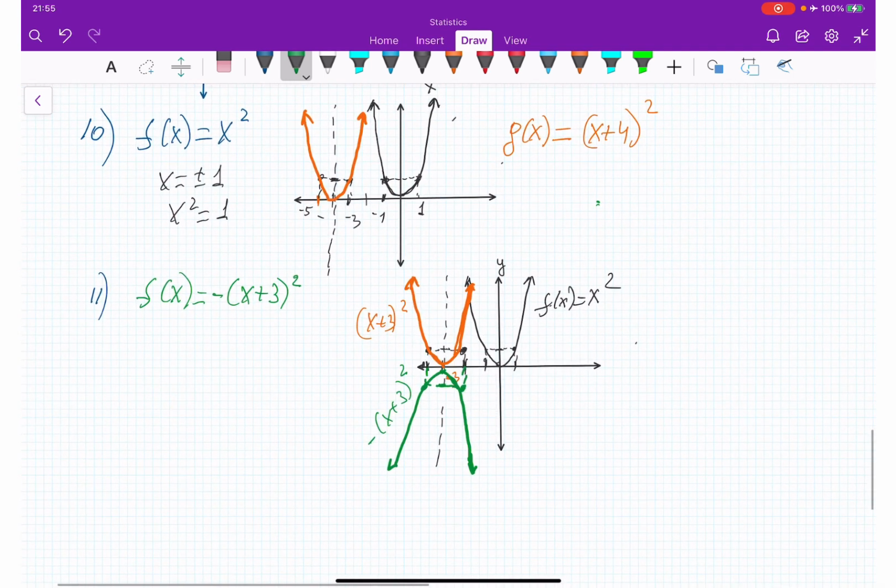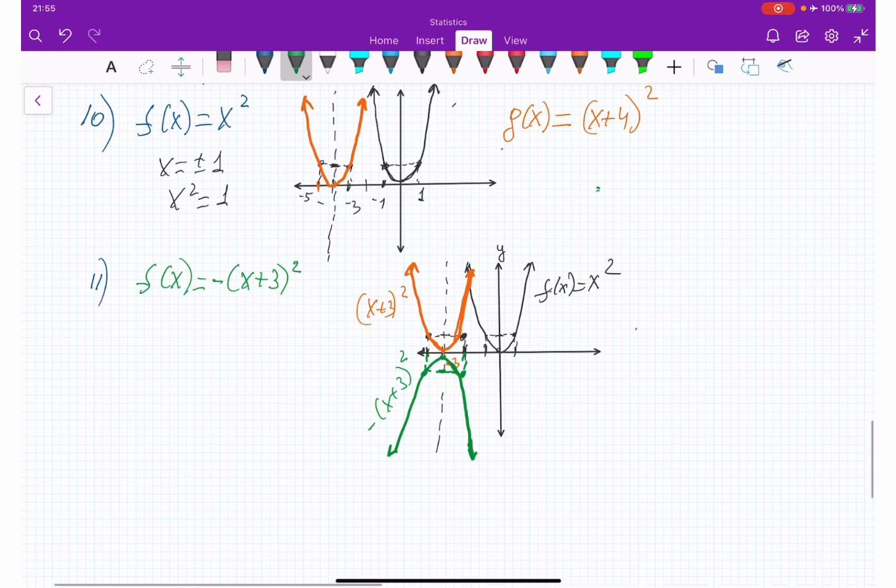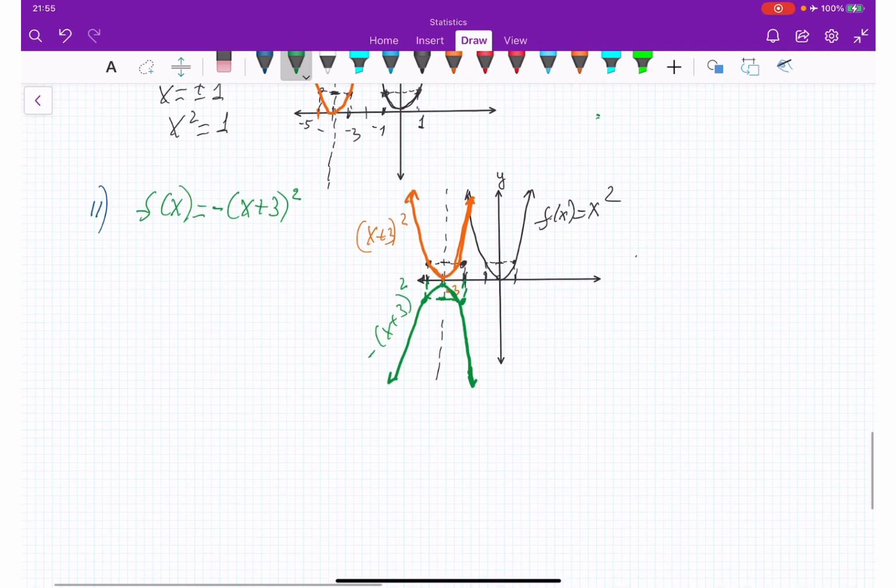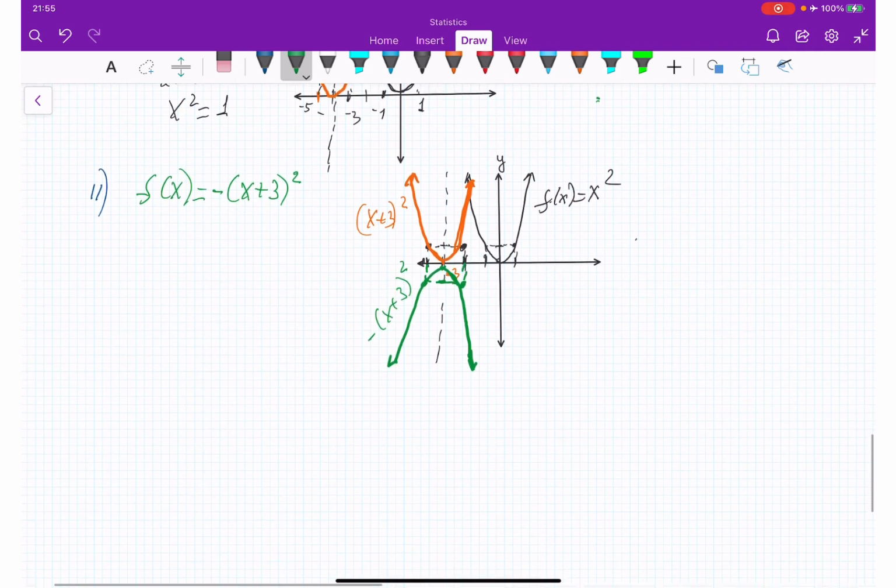All right. Question number 12. So using transformation of x squared, now we're going to build the graph x minus 3 squared plus 4.